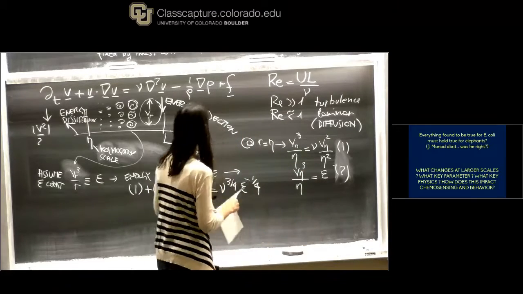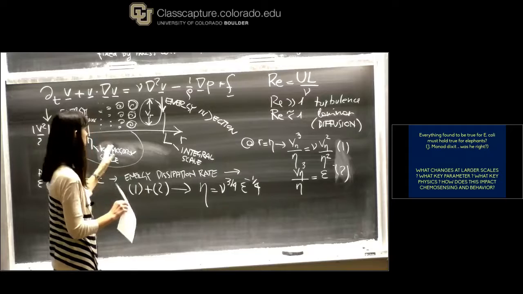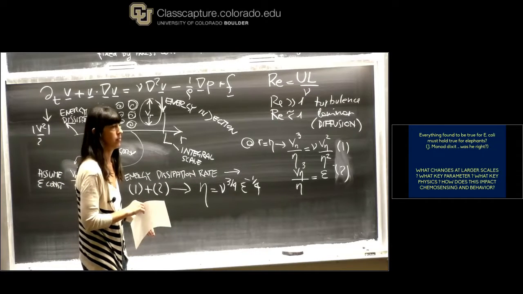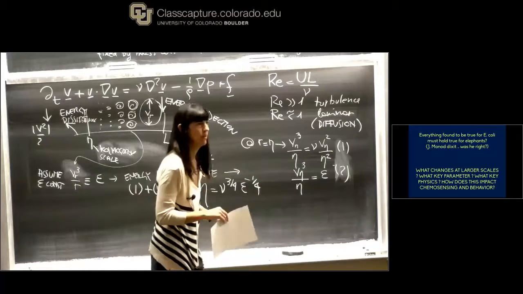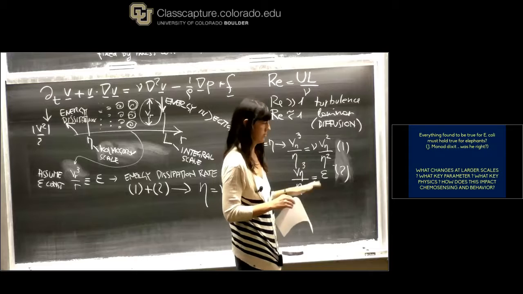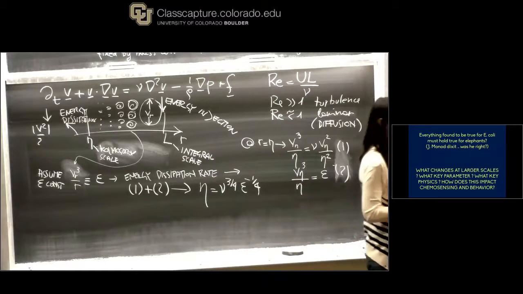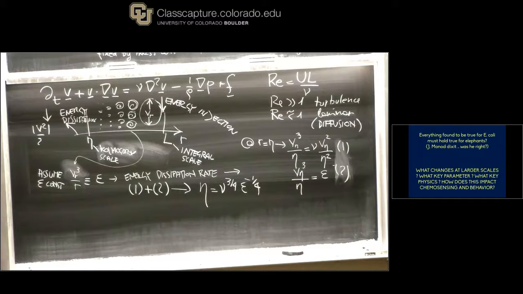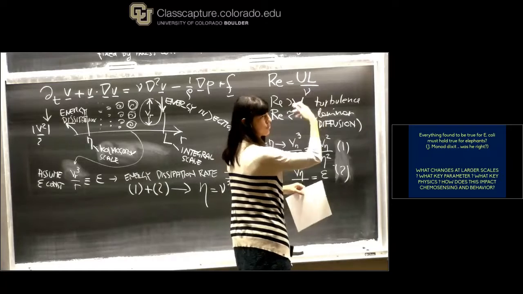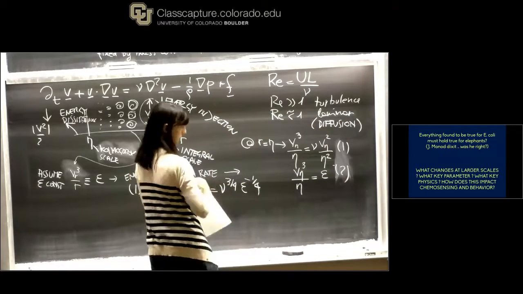And what I'm saying is that if the Reynolds number based on the large scale is large, it's the same argument you make to calculate the Reynolds number in the first place. It's the same equality, you just replace u by v and lambda by eta. So you could talk about Reynolds number as a function of length scale. Here, this number is based on the large scales, and that is the relevant number to talk about this.